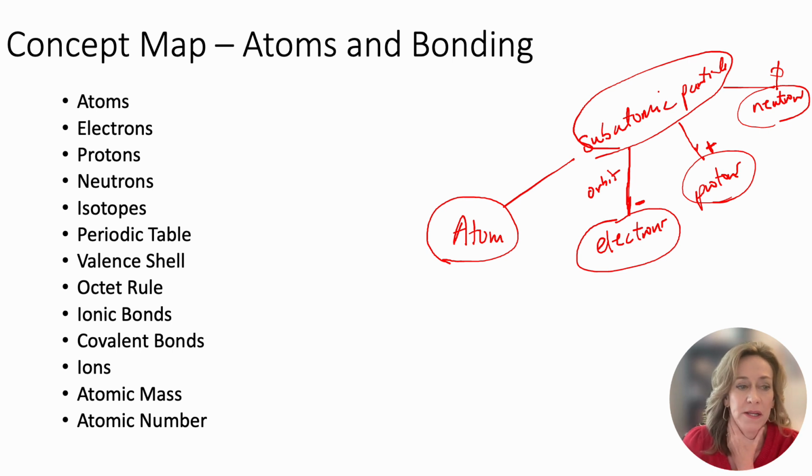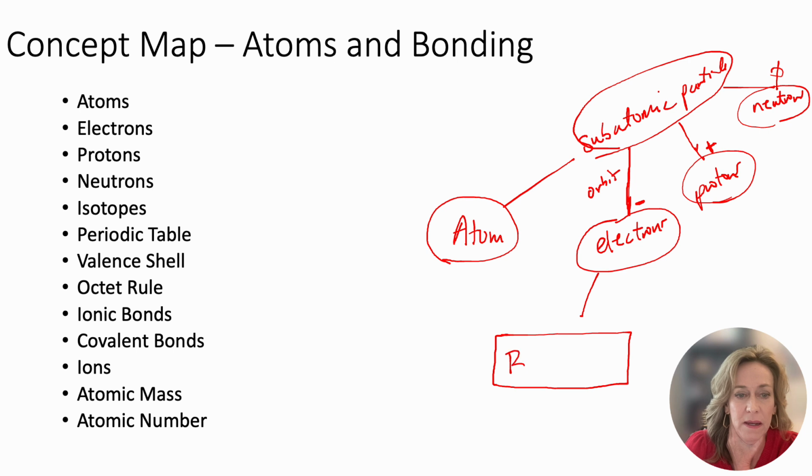Now, the other thing I'm going to do, I'm going to come off of electrons, right? And I'm just going to make this a rectangle, and I'm going to say bonding. And why did I say that? Because electrons are what are either shared or transferred.